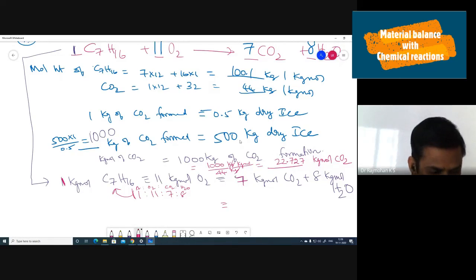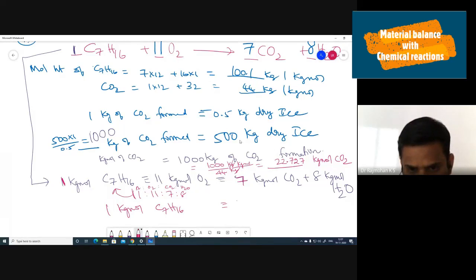So what is the question? The question is, how many kg of heptane must be burnt per hour? There is no oxygen demand question here, the only question is how many kg are burnt. 1 kg mole of heptane will form 7 kg mole of CO2.